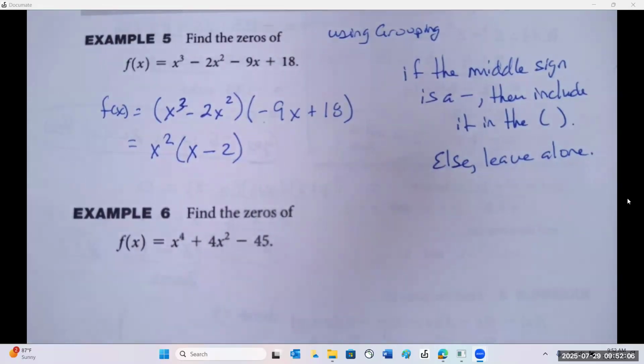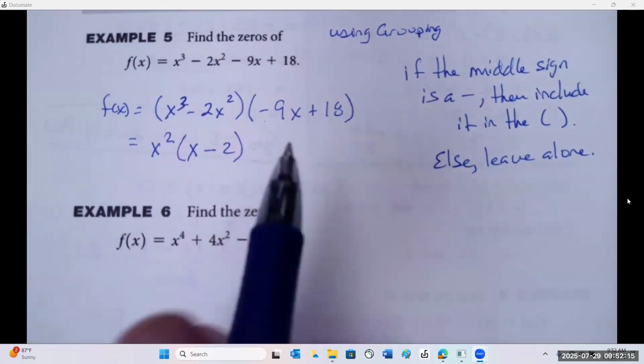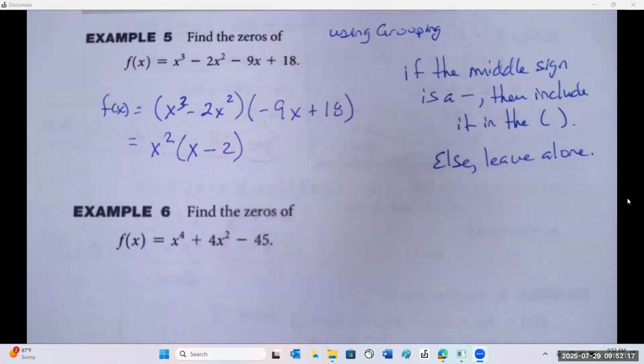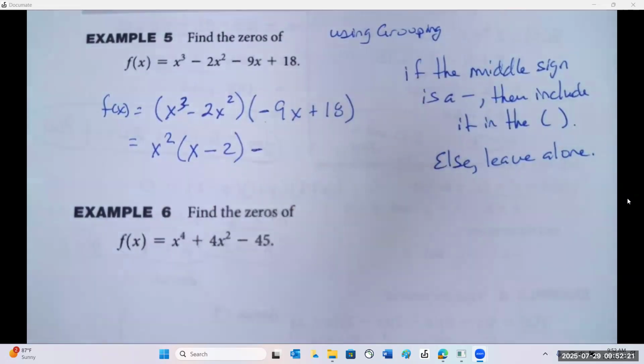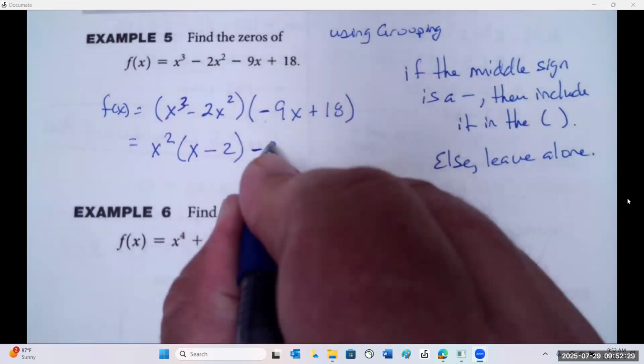Again, chapter 3, factoring. It's important to catch up with this class. How about the next one? What do they both have in common? Since the first term is minus, we have to take out the negative sign. What else do they have in common? They both have a 9 in common.